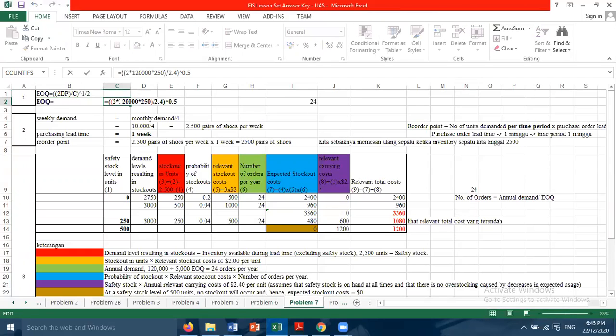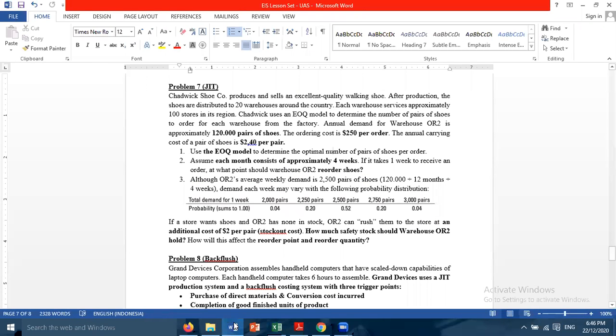In this case, it is the square root of 2 times the demand, which is 120,000, times the purchasing cost, 250, divided by the carrying cost per unit, which is 2.4. Then we get EOQ equals 5,000. So that's number 1. For the EOQ, all you need to do is just input the formula.